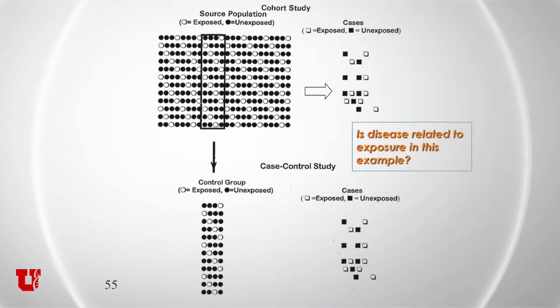So looking at this example, is disease related to exposure in this example? Well, looking at either the source cohort or the control group, it looks like about 1 out of 4 study subjects is exposed, right? Three unexposed blacks to 1 white exposed. When we look over at the cases, it looks like it's almost 50-50.